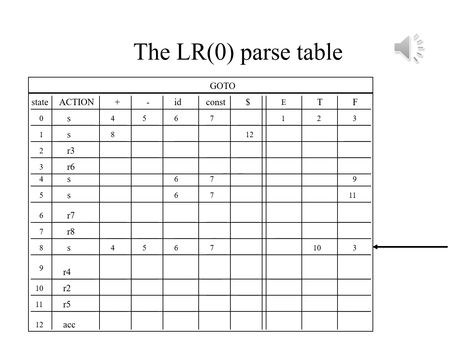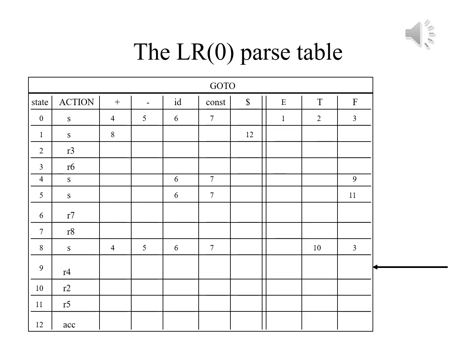We will transition on plus and minus to states 4 and 5 respectively. We will transition on ID and const to states 6 and 7 respectively. And on T and F, we will transition to states 10 and 3 respectively.